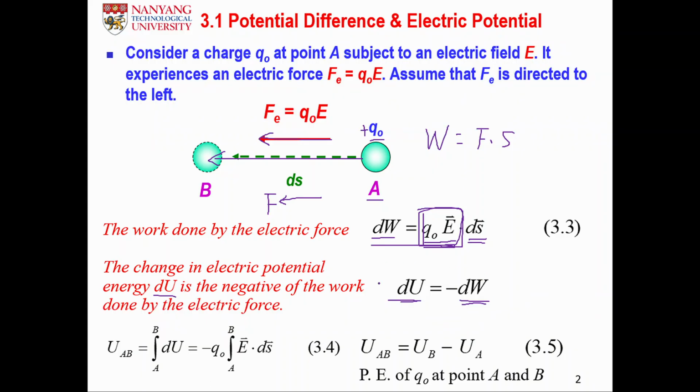Right. And once we have this relation between the work and potential energy, then we can do the same discussion for two specific points. Let's say from point A to point B, there will be a potential energy difference, UAB, and it should equal this: the integration of dU from point A to point B. The dU is just the potential energy difference due to a tiny displacement ds.